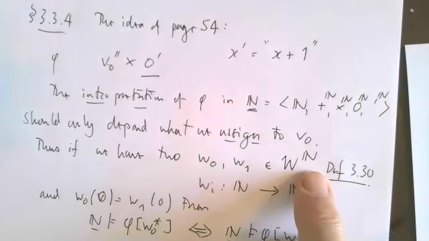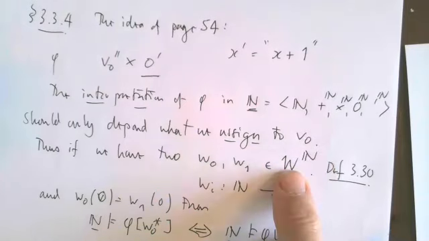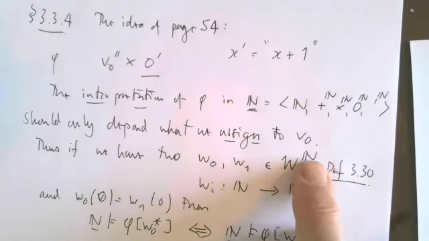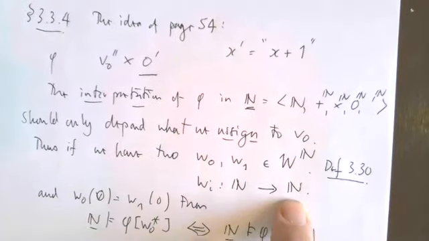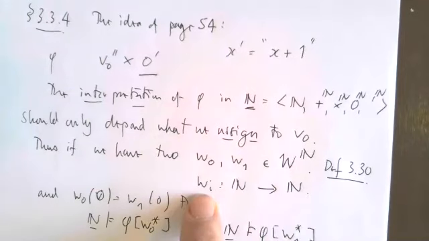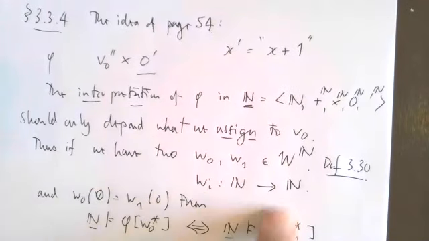W is just a function from the natural numbers into the structure, which actually in this case happens to be also the set of natural numbers. So w0 and w1 here map n into n.